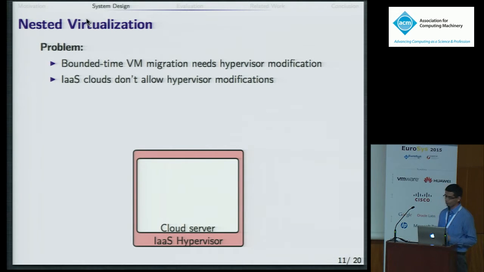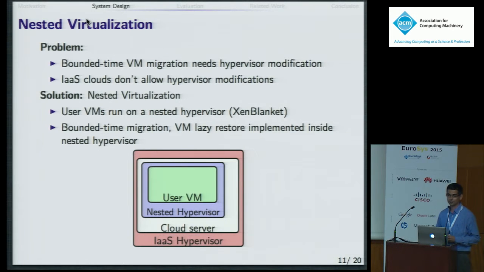The way we tackle this problem is by using nested virtualization. We run our own hypervisor, XenBlanket, on top of the cloud server provided to us, and then we run the user VM inside this nested hypervisor. We have modified XenBlanket to include our bounded time live migration mechanism.